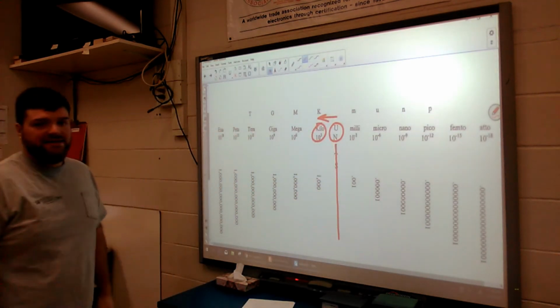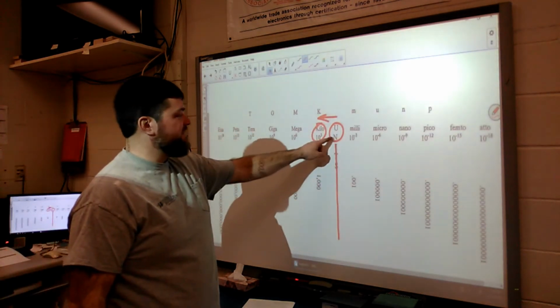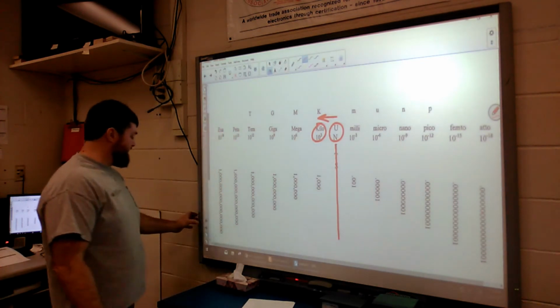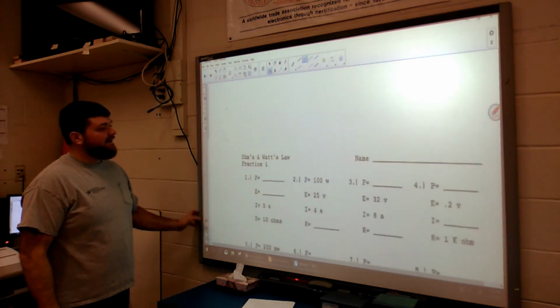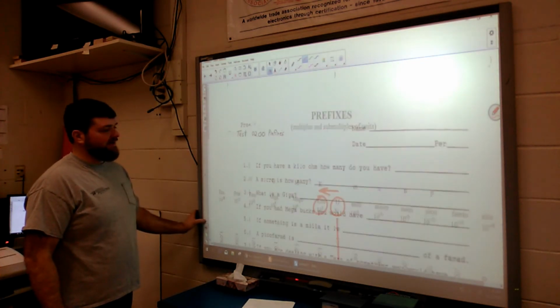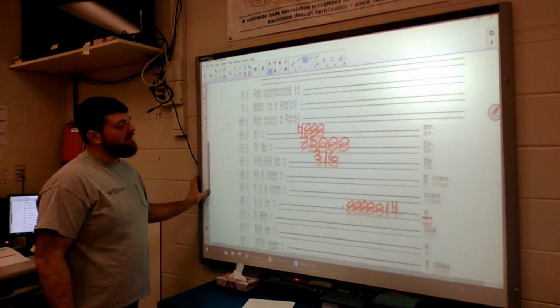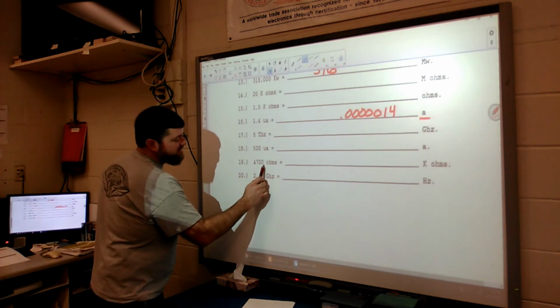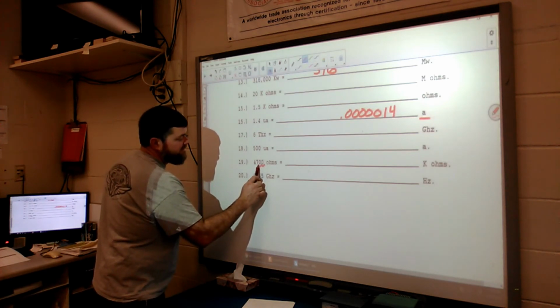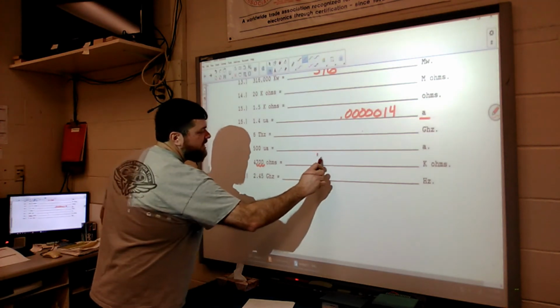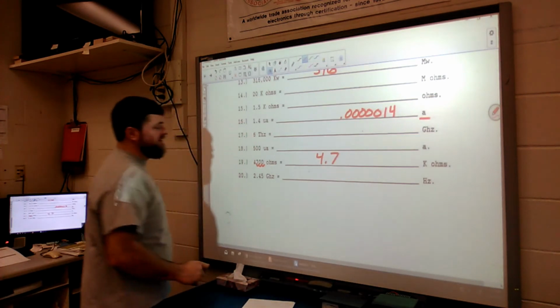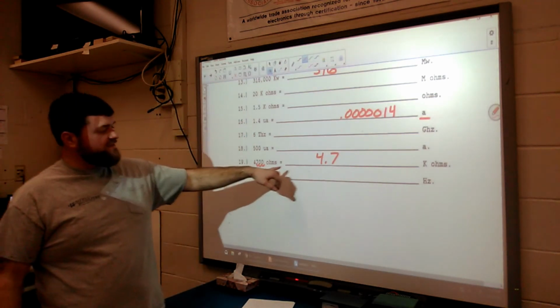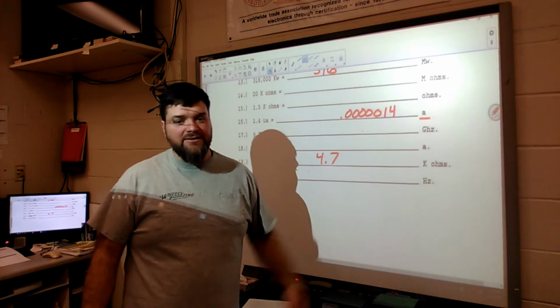What's the difference between 0 and 3? 3 places. I keep hitting the wrong button. So I take this and I move my decimal over 3 places. 1, 2, 3. We're going to get 4.7. So 4,700 ohms is the same thing as 4.7 kiloohms.